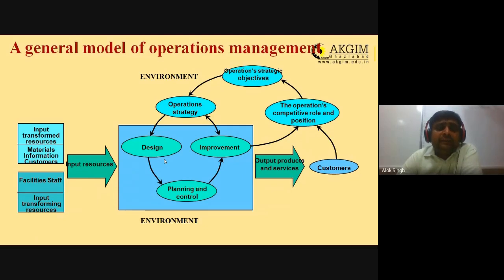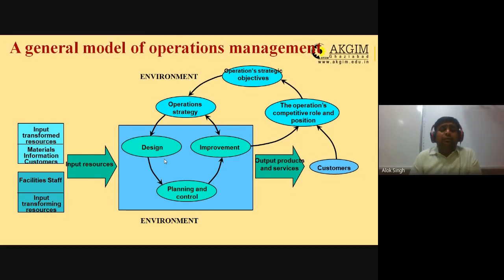After finalizing and checking feasibility, they deliver the design, basically the composition of that product, to the plants to produce further. So if design is inside the operations function, it will be dealt with by the plant manager or operations manager.